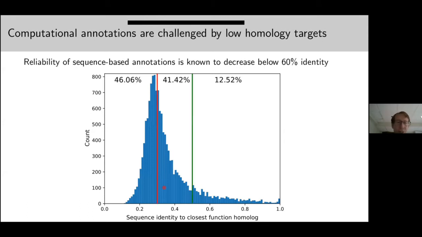And in fact, it's only 10 or 15% of protein space that's really in the easily annotated range, at least using purely sequence-based approaches. So somehow we need to pull in more information, and we need to have a computational workflow to do this annotation simply because protein space is too vast in order to be able to do anything else.